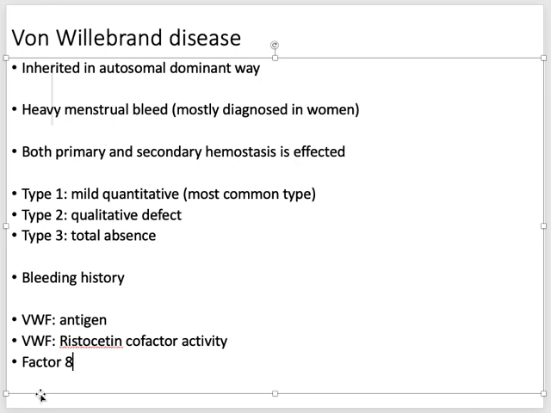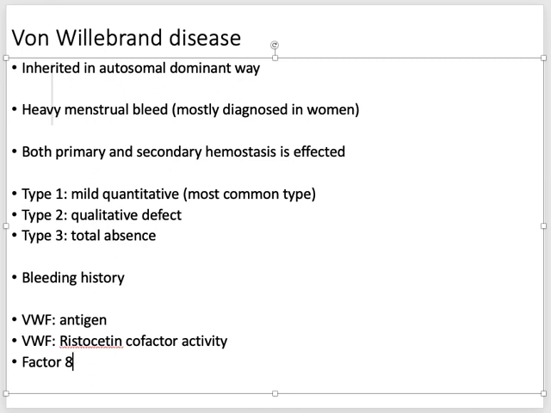So simply, guys, in von Willebrand disease, we can also order the whole clotting profile, by the way, but PTT will be normal, factor 8 can be normal, and platelet count of course will be normal.